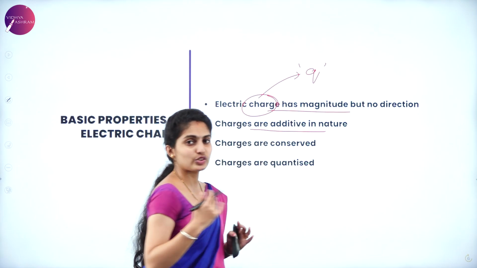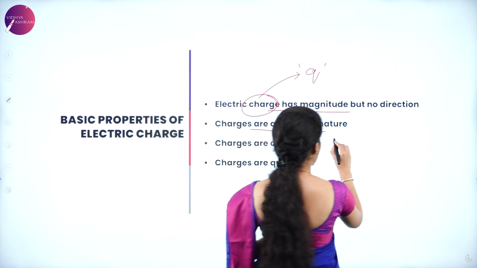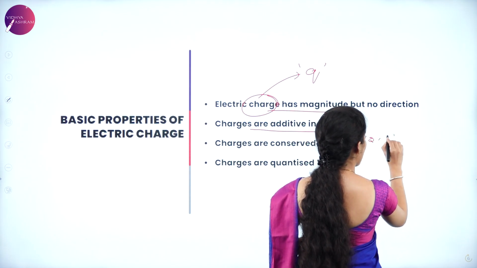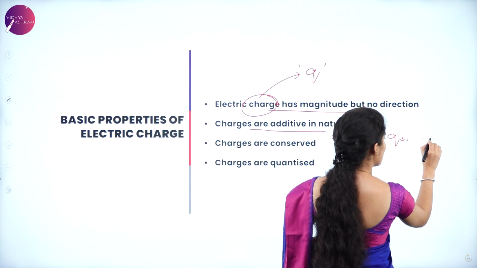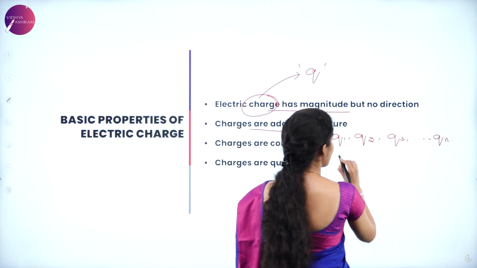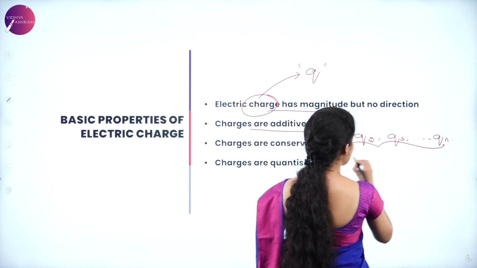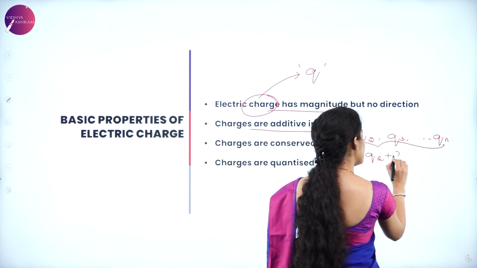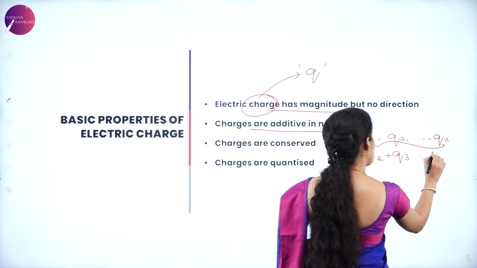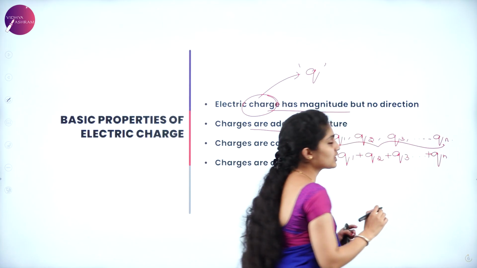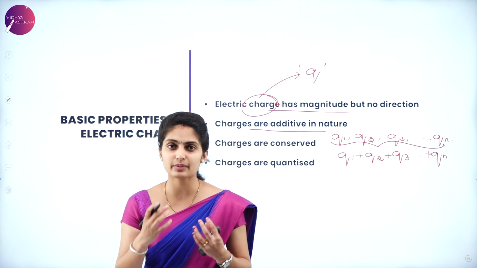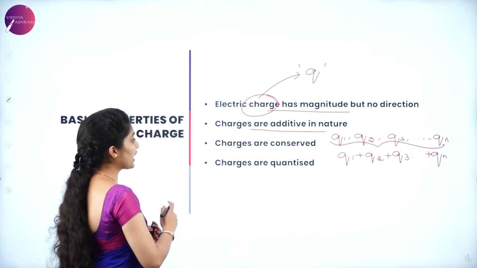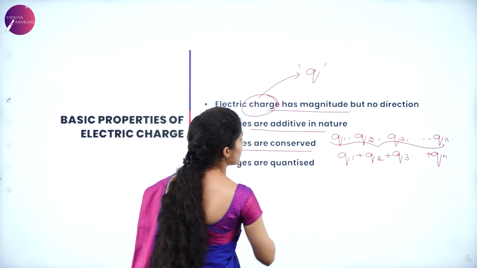If you have charges Q1, Q2, Q3, going on till Qn, you can just add them: Q1 plus Q2 plus Q3 up to Qn. So charges are additive in nature, which means we can sum up the whole charge together. Clear?